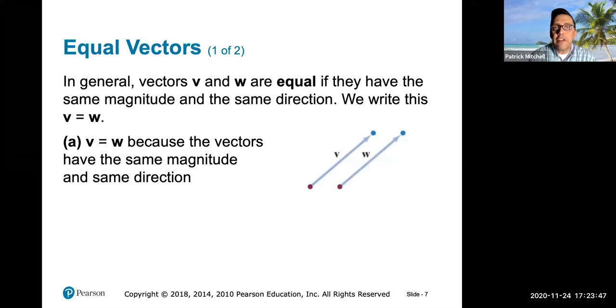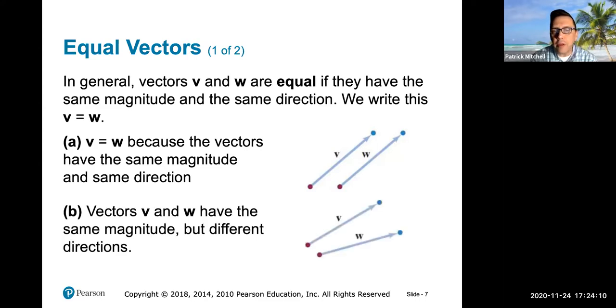In general, vectors v and w are equal if they have the same magnitude and the same direction. We will write this as v equals w. Here's a picture of two equal vectors in example A, v equals w, because the vectors have the same magnitude and the same direction.